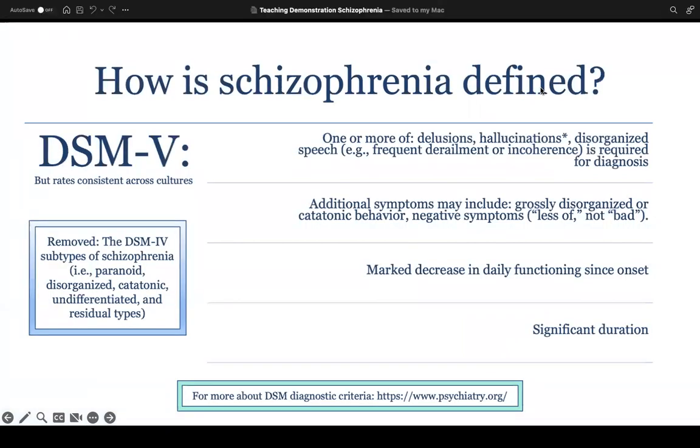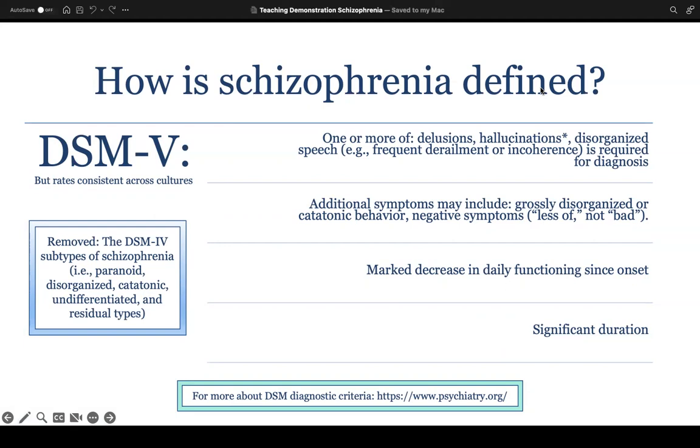Okay, so very briefly, let's talk a little bit about what schizophrenia is. Your book and of course psychiatry.org, which is the American Psychiatric Association website, discusses schizophrenia in detail, but in a very general sense, you need to have one of the following: delusions, hallucinations, or disorganized speech.